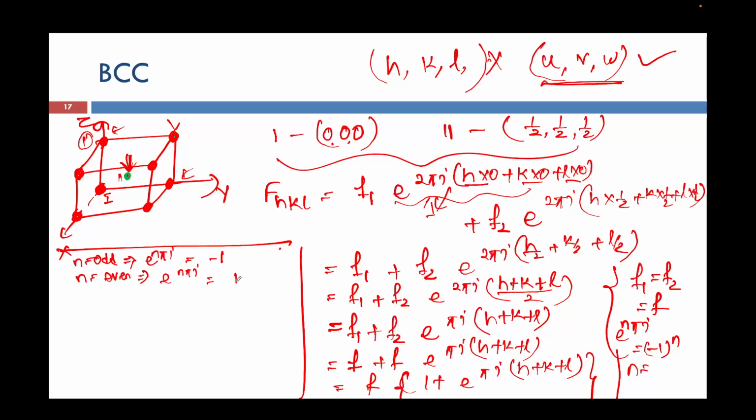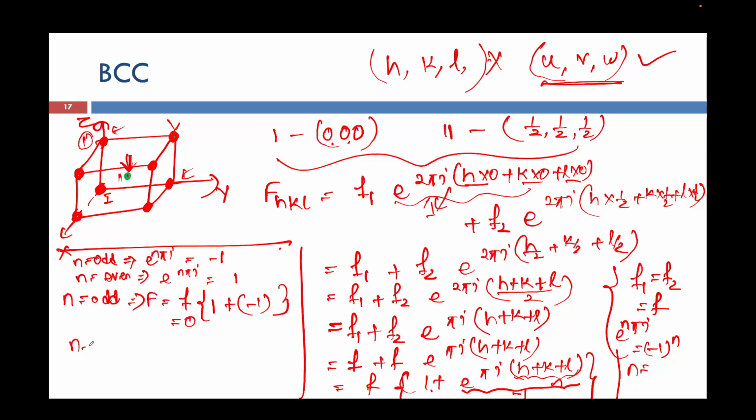So if I put these terms in here, I am considering this as n. First, if my n is odd, that means the summation of h plus k plus l is odd, then this entire term will be minus 1, and this one is plus, so plus 1 and minus 1 is equal to 0.